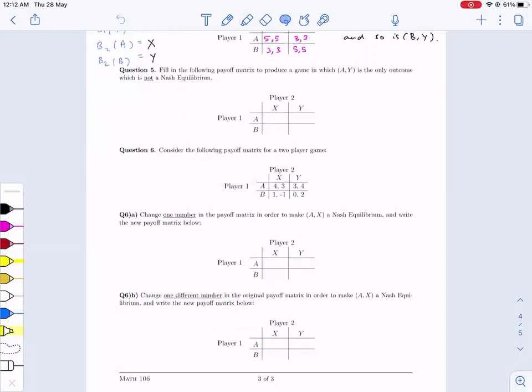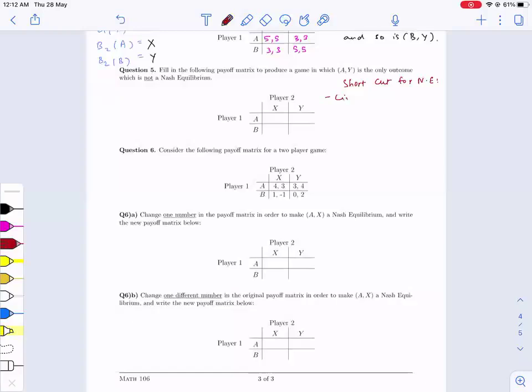So you're given this payoff matrix for a two-player game, and both the players have two strategies each. Now, before we move on, I would like to discuss a shortcut method to find Nash equilibrium. So a shortcut for Nash equilibrium involves two steps.